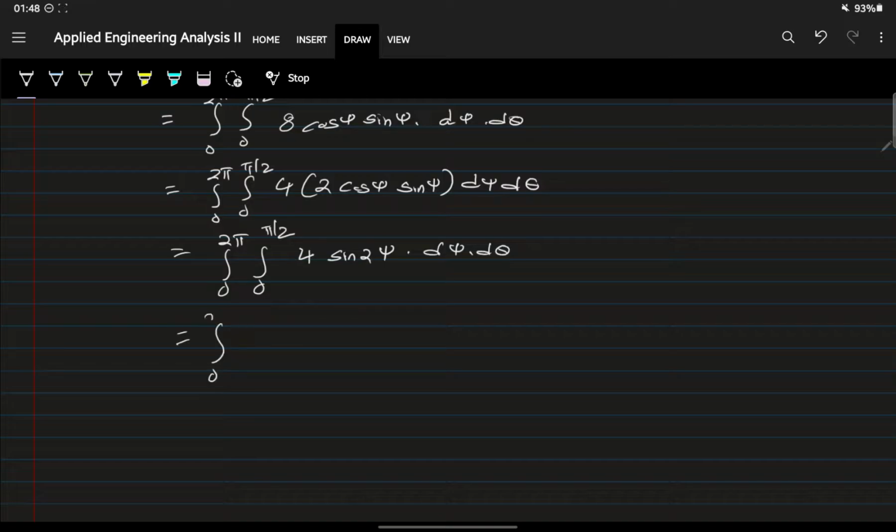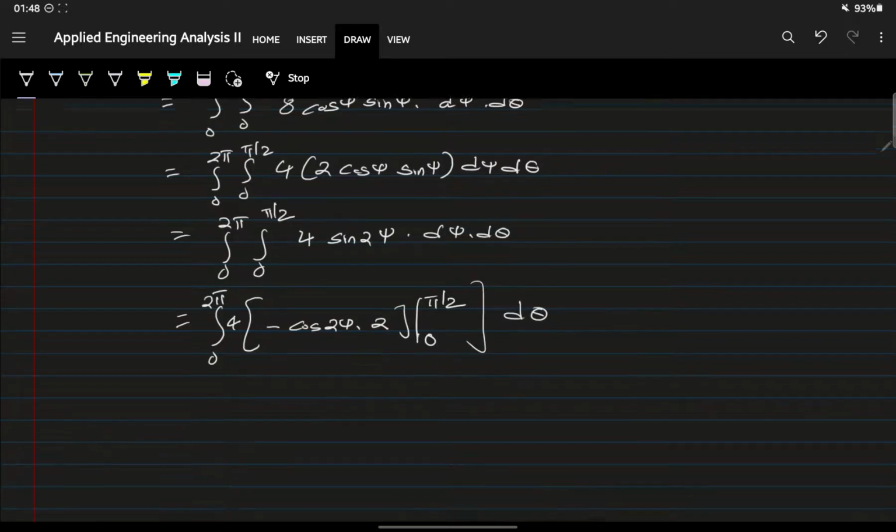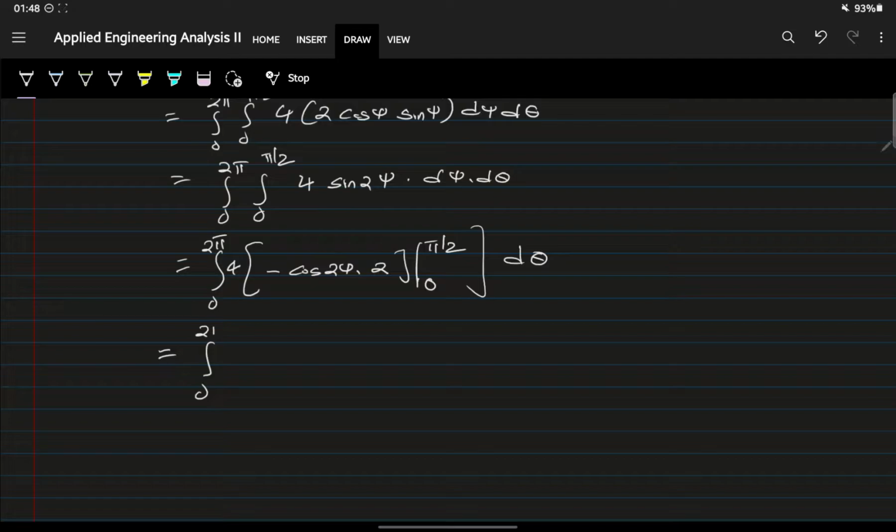So now using the inner integral, we get sine 2 phi is minus cos 2 phi into 1 by 2 between 0 to pi by 2 times d theta. Phi by 2.